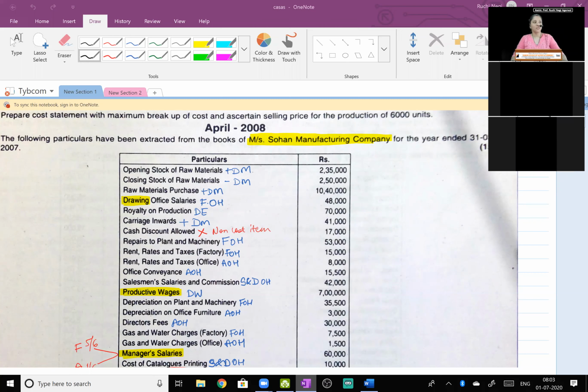We will discuss it at the end. You just put your doubt in the chat box. At the end of the lecture, I will discuss. And so this is a cost sheet of Sohan Manufacturing Company.